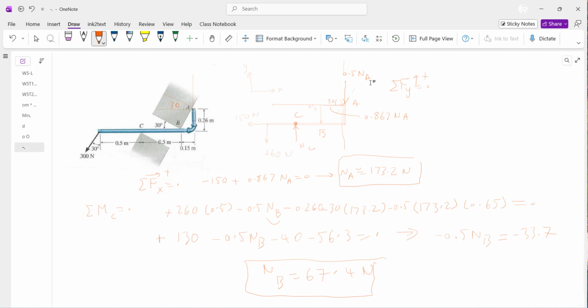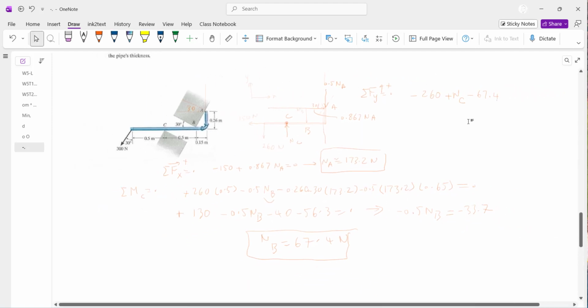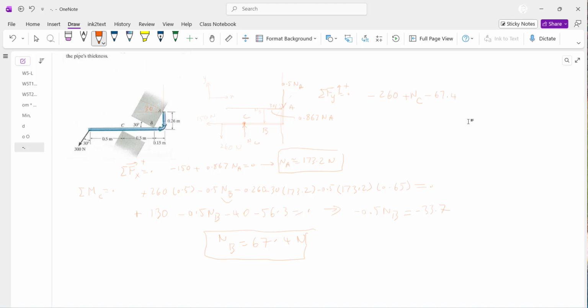So you would have minus 260, that's this one, plus NC, and NB we found this to be negative 67.4, and last is 0.5 NA in a negative direction, minus 0.5, and NA was 173.2 is equal to 0.